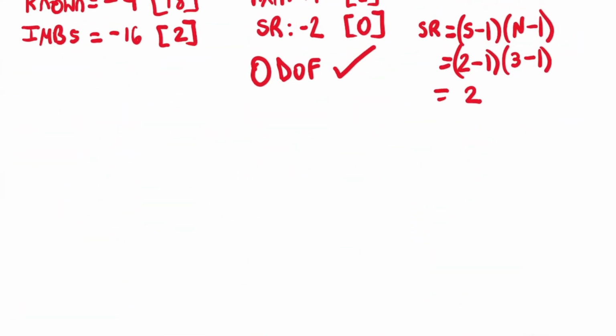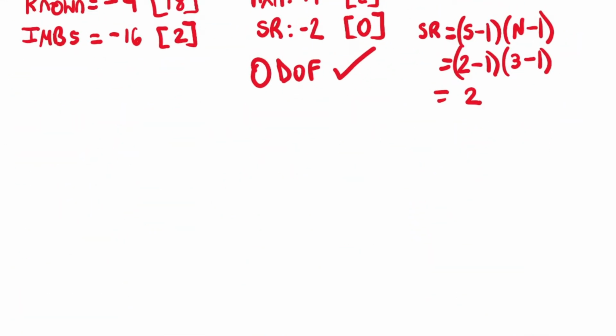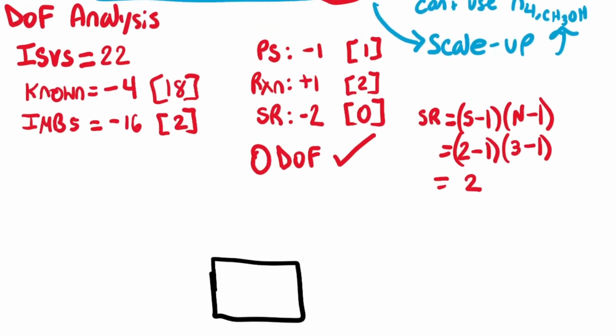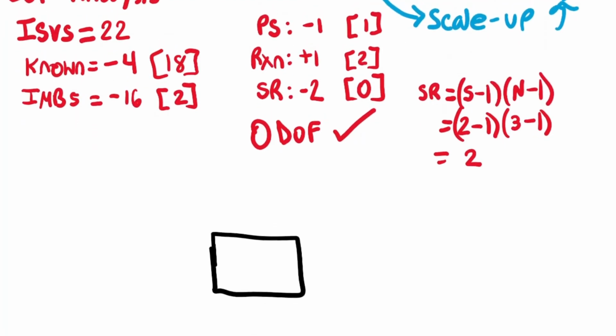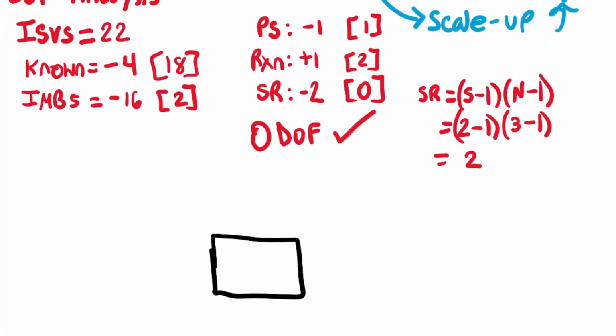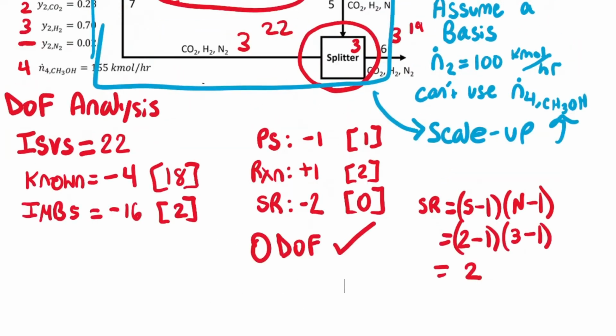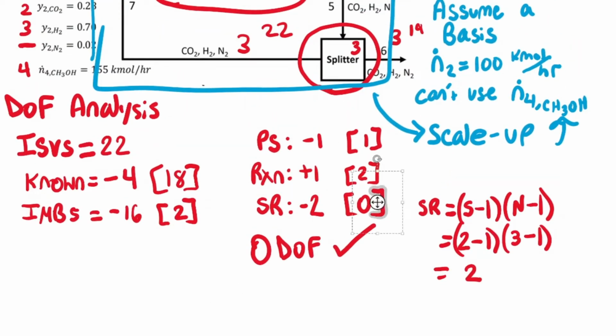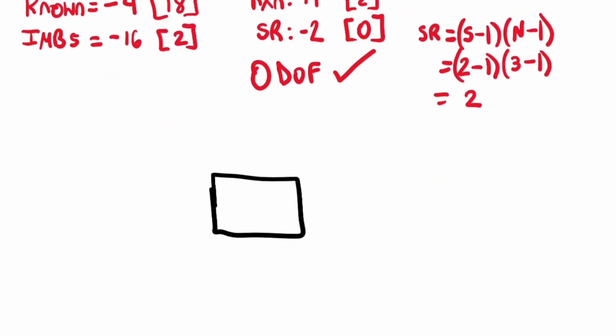So over here, what we're going to do is redraw my unit and just focus on my reactor because, as you know, within our system we can draw envelopes around each unit so that we just focus on one thing at a time.